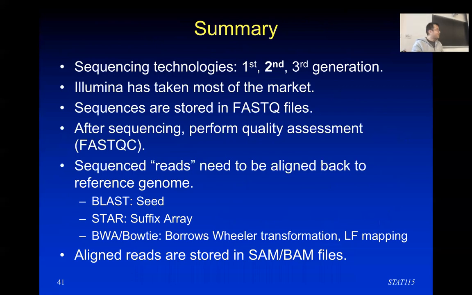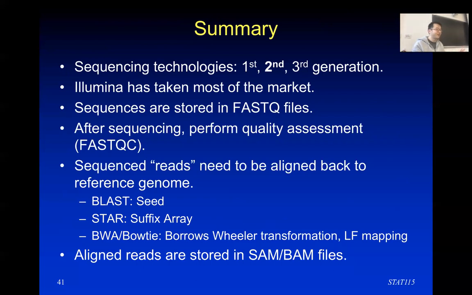So here is a summary. There are currently 3 generations of sequencing technology, and in this course we are most interested in second generation sequencing. For second generation sequencing technology, Illumina is the most dominant one, so we will use their data. The output from Illumina sequencing and other sequencing data is in FASTQ format.